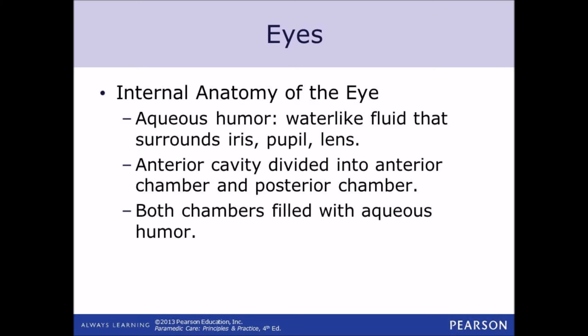Part of that area is around the pupils and the lens, and I'm going to show you a picture in a little bit that is going to show you that anterior cavity. But that chamber has pretty much two areas, and what divides those chambers is really going to be your iris and your pupil. Your lens is going to be in the posterior aspect of the anterior cavity, if you will, or that posterior chamber.